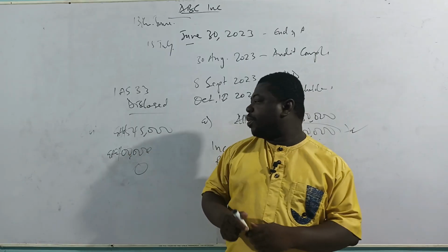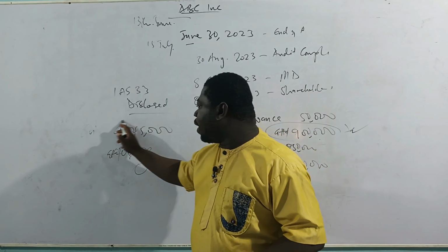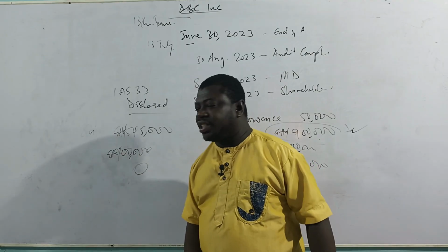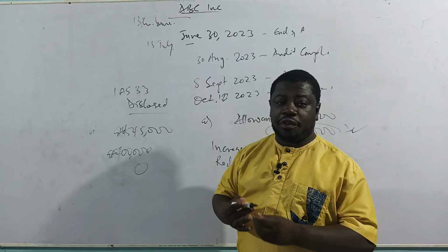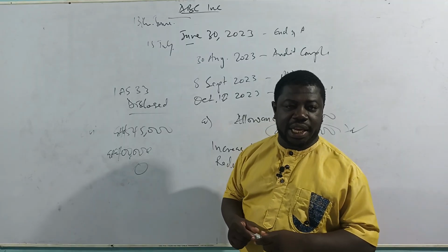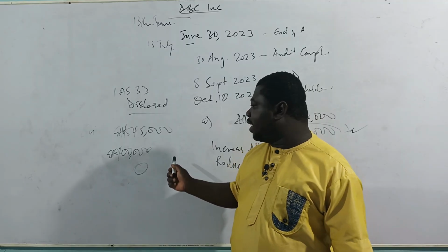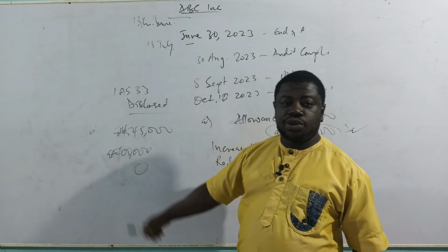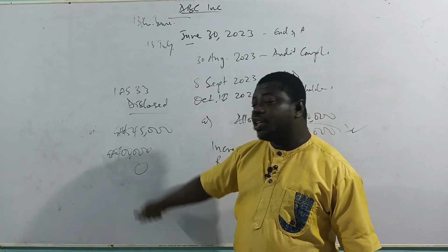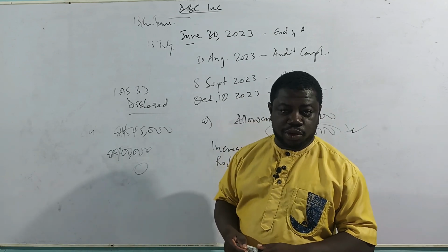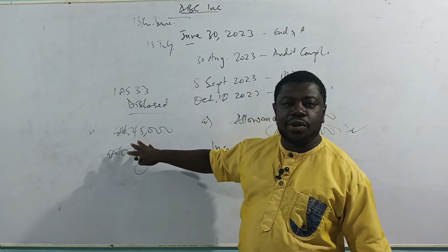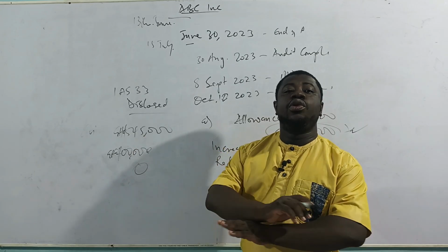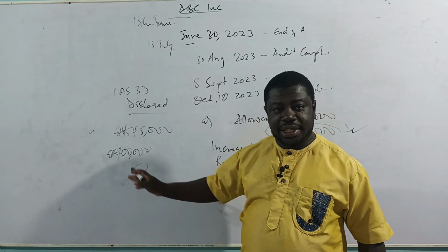So what is going to happen is that if they already have recognized the value of the machine as 545,000, they need to write it off from the books because it's no more there. Or if they had recognized any contingent asset relating to the claim from the insurance company, they should also cancel that from the books, write it off because it is zero. So they are going to reset the value of the machine to zero because they are not going to benefit from any claim. And that is an adjusting event.